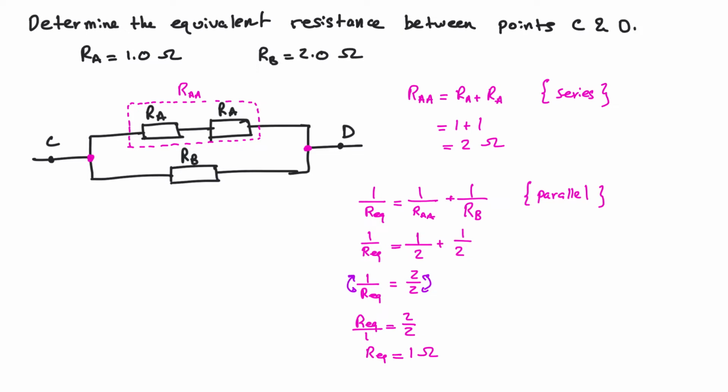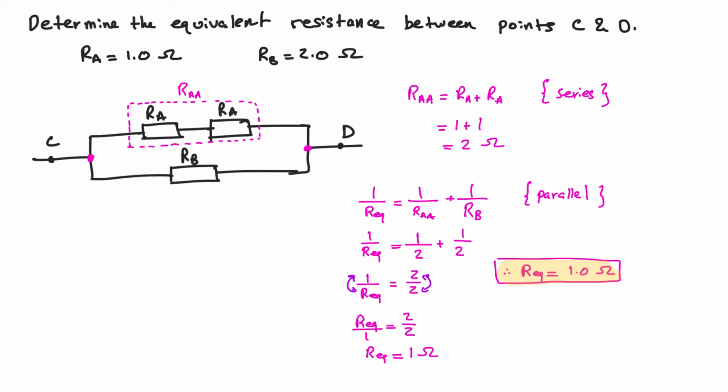Because 2 over 2 is equal to 1, and anything over 1 is just itself. So I will get equivalent resistance here is equal to 1 ohm, and I'll put a therefore statement, and I will box my answer, and that's something I want you folks to do as well.